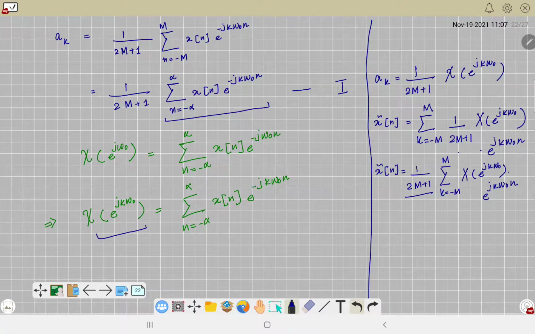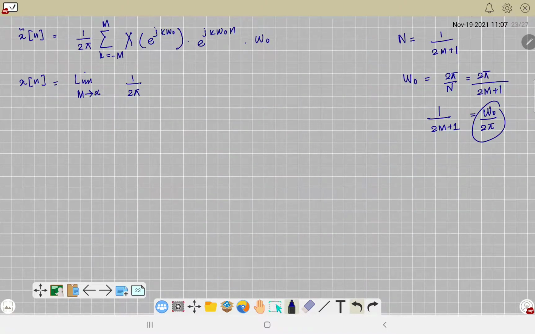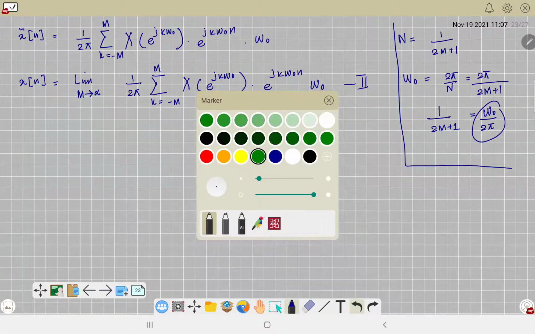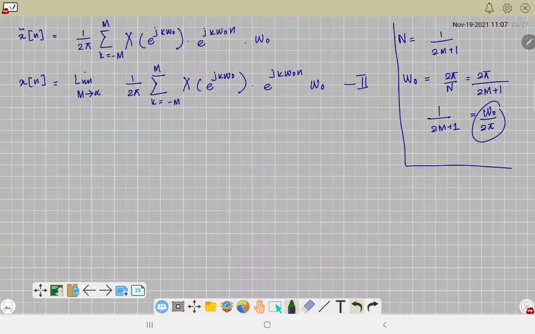Now that I have expressed x tilde n in terms of my parameters, I can proceed to limits. 1 by 2 pi, the summation k from minus M to M, X of e raised power j k omega naught, e raised power j k omega naught n, and omega naught. Let's call it 2. Now as we proceed to limits, there will be some changes. Fine.